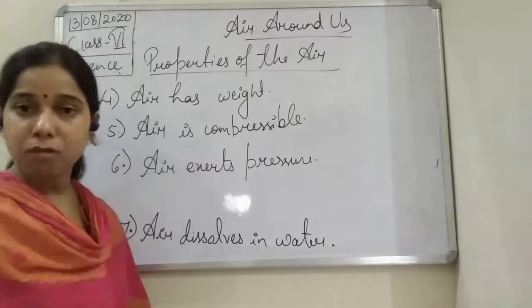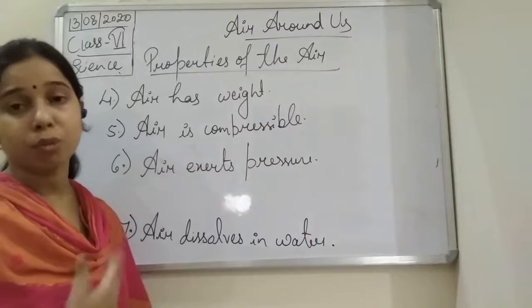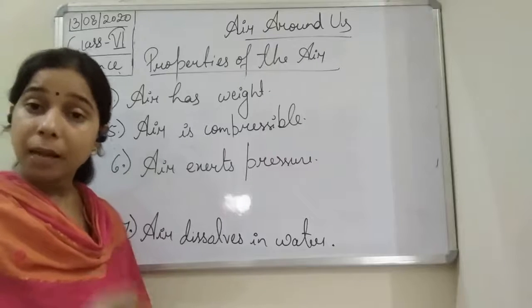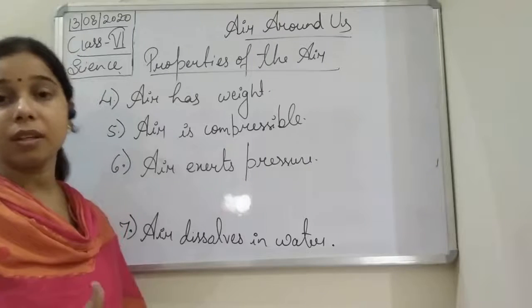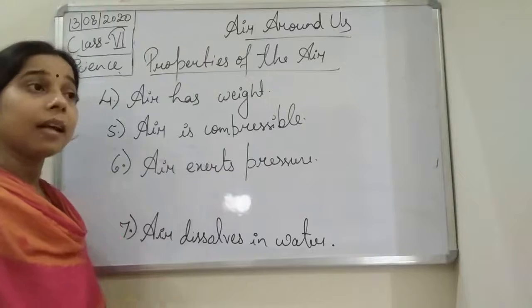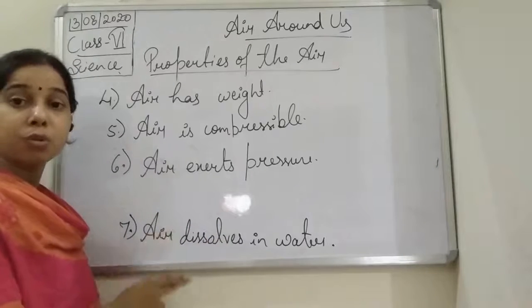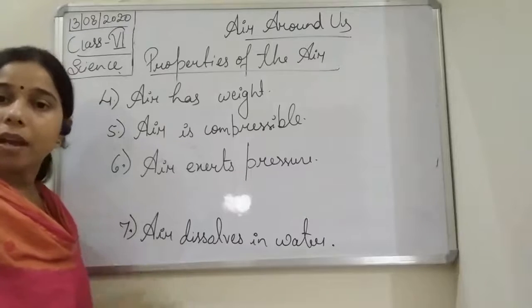They carry out the process of photosynthesis by taking the carbon dioxide. They release the carbon dioxide in water. So this carbon dioxide gas and this oxygen gas present in the water remain dissolved in water. So they take the dissolved form of oxygen and carbon dioxide.